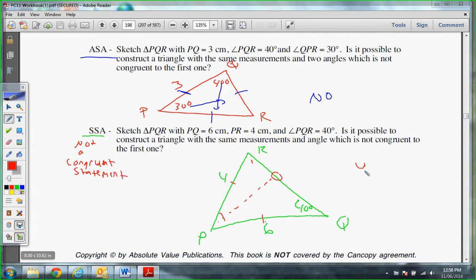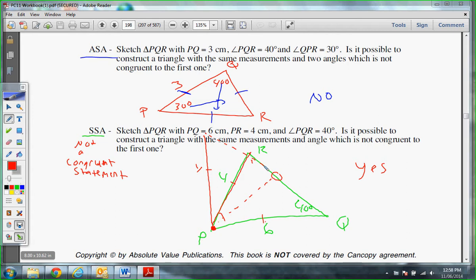Okay, this would be yes, I can. This is why I could take this point here, I can make an isosceles triangle with this side that also is 4, that still connects to Q.